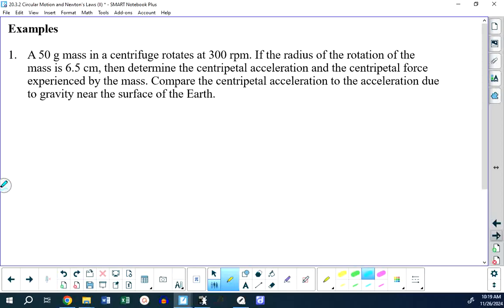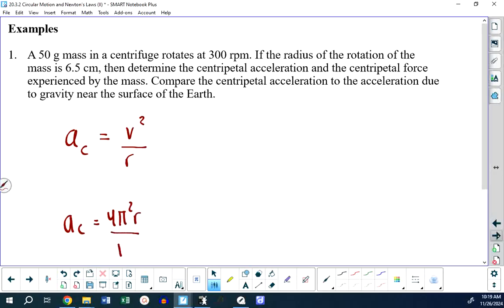Let's start with that. We can find centripetal acceleration using v squared over r, or 4 pi squared r over t squared. What do we know? We know the mass. I'm pretty sure that everybody understands we're going to use the mass when we want to find the force.